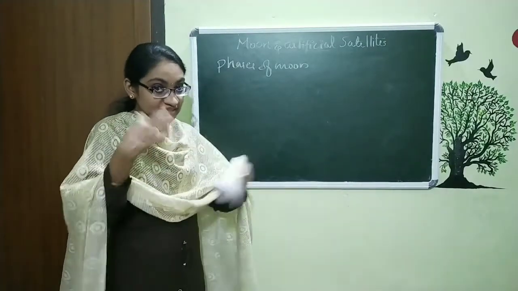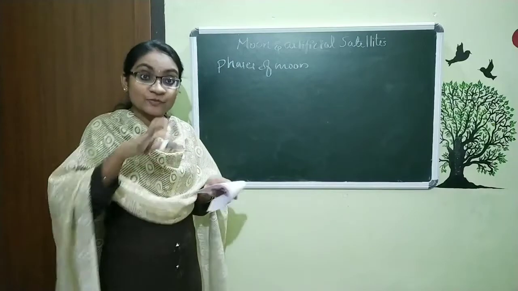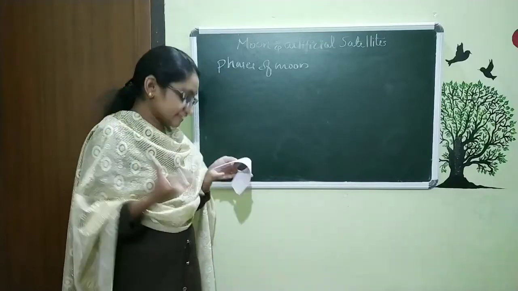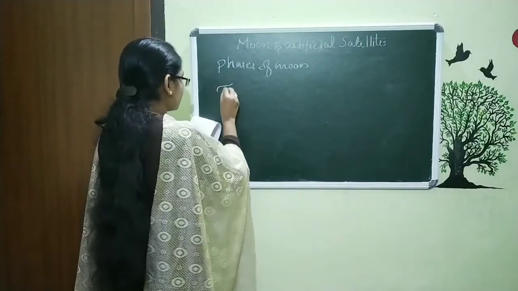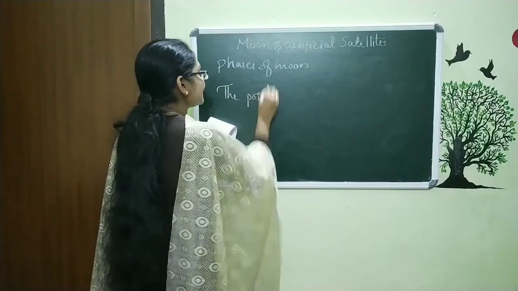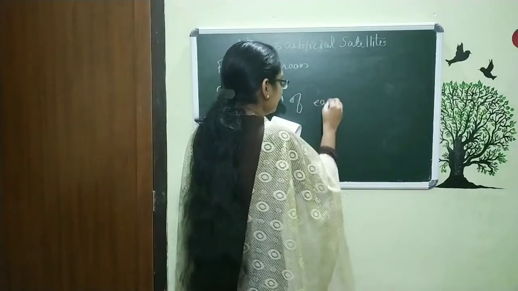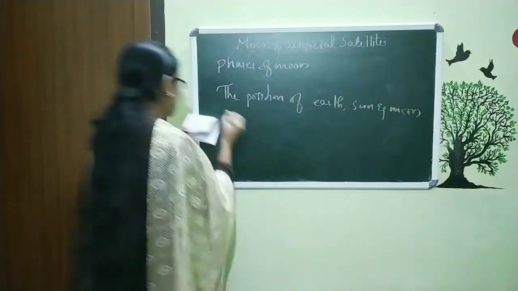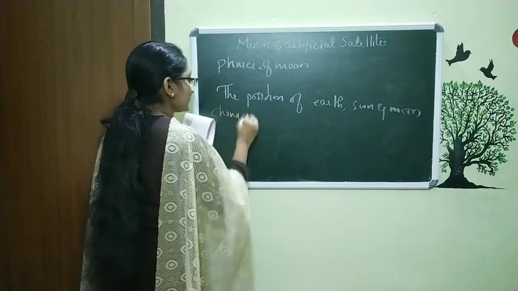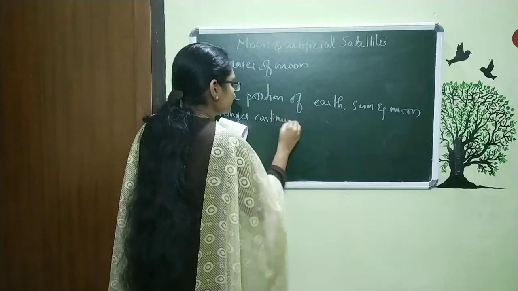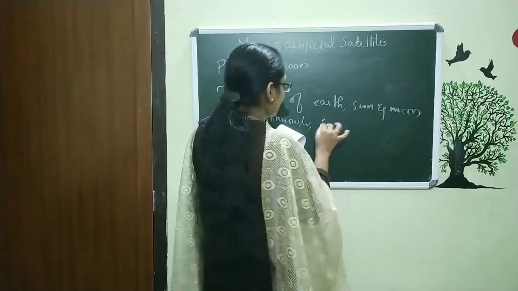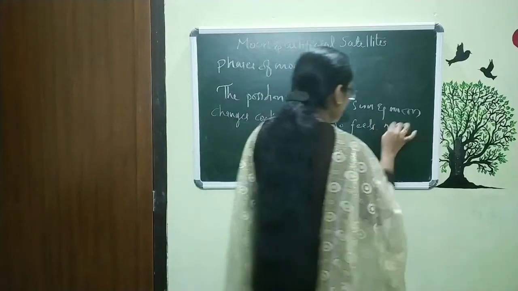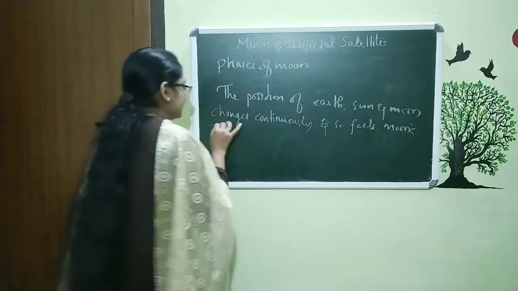Actually they do not change the shape, and what happens? The relative position of the sun, earth and moon gets changed, and that's how we feel the shape is getting changed. So we can say the position of earth, sun and moon changes continuously, and so we feel the moon shape changes.